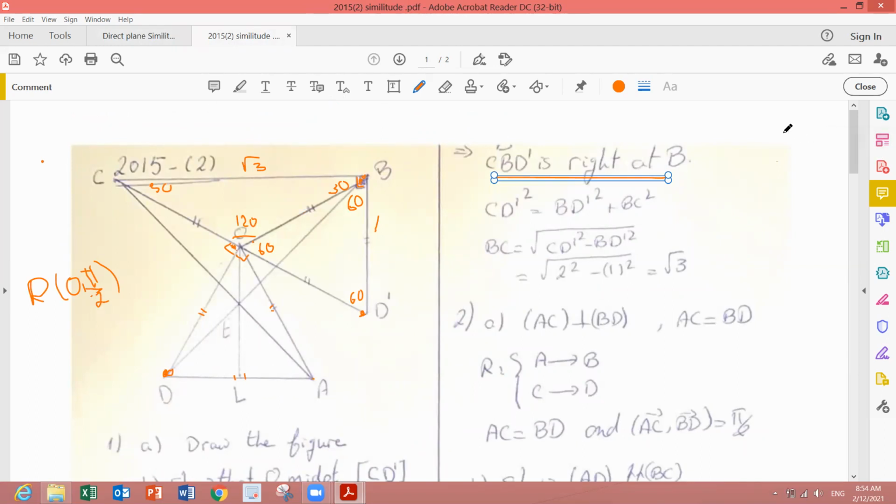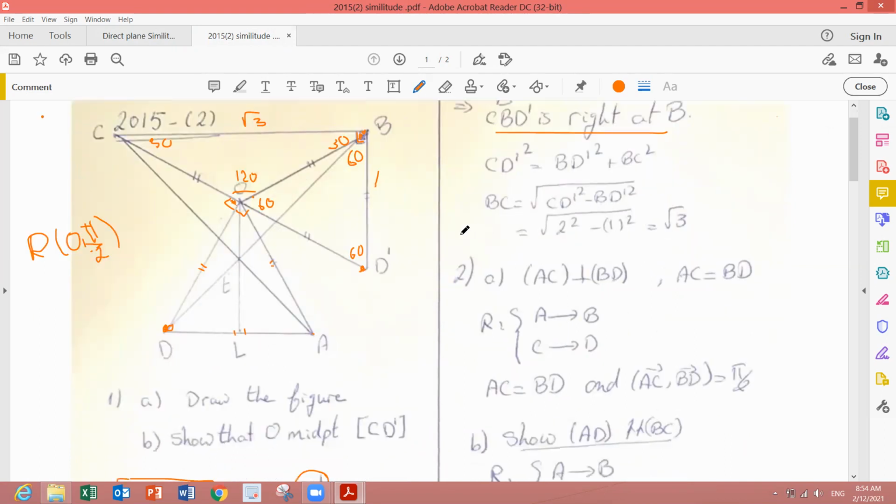How to justify? I need to verify that AC is perpendicular to BD and AC equals BD.